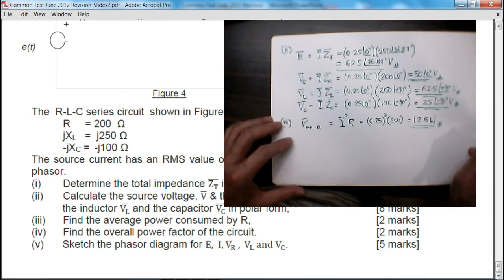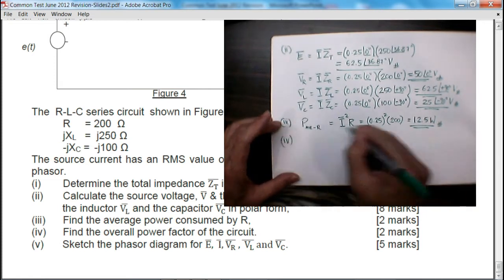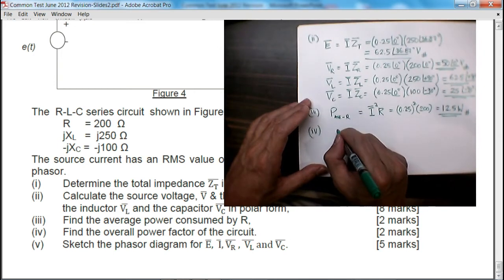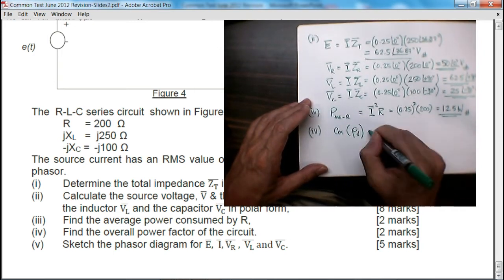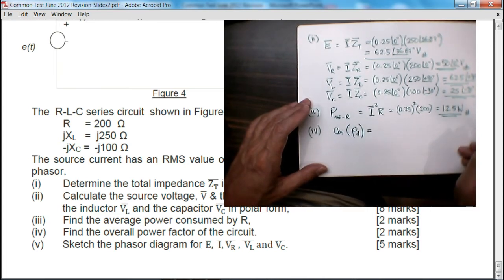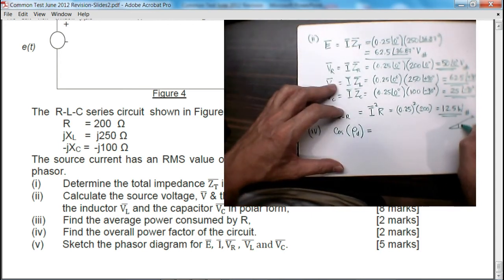Finally, find the overall power factor of the circuit. Now, the overall power factor of the circuit is the cosine of the phase difference between the supply voltage and the current. Since the current is taken as a reference, its angle is 0. The supply voltage which we calculated is at an angle of 36.87 degrees.